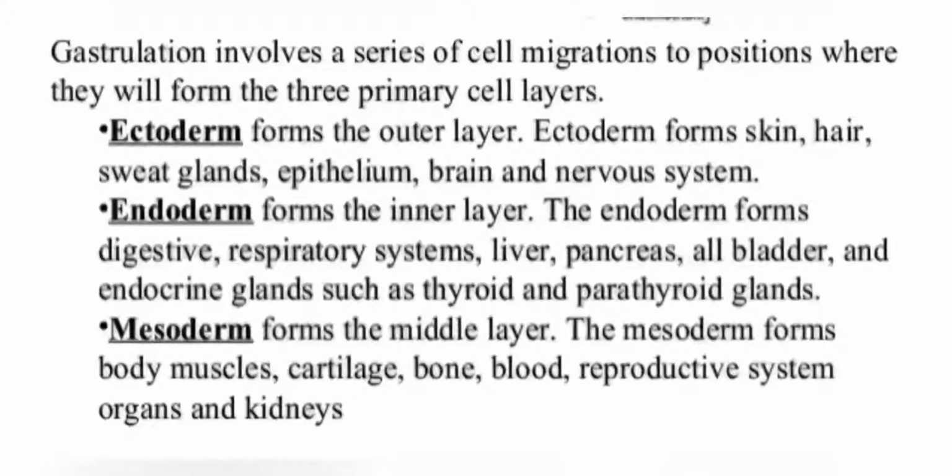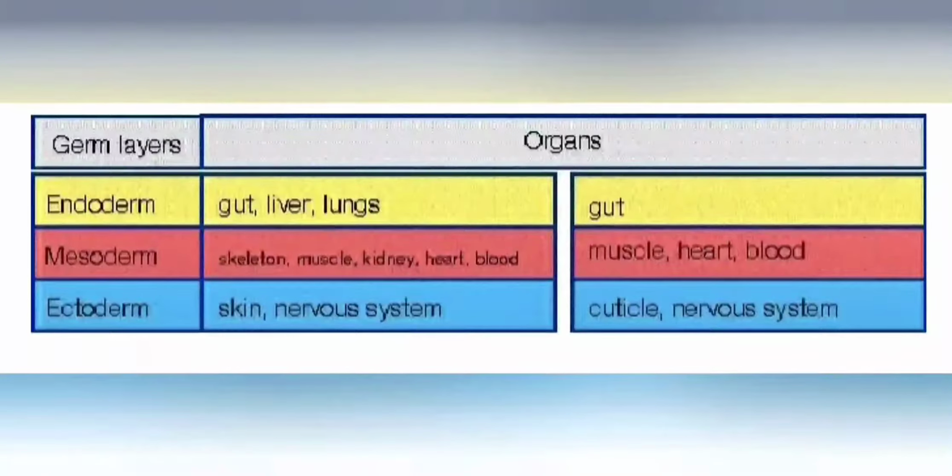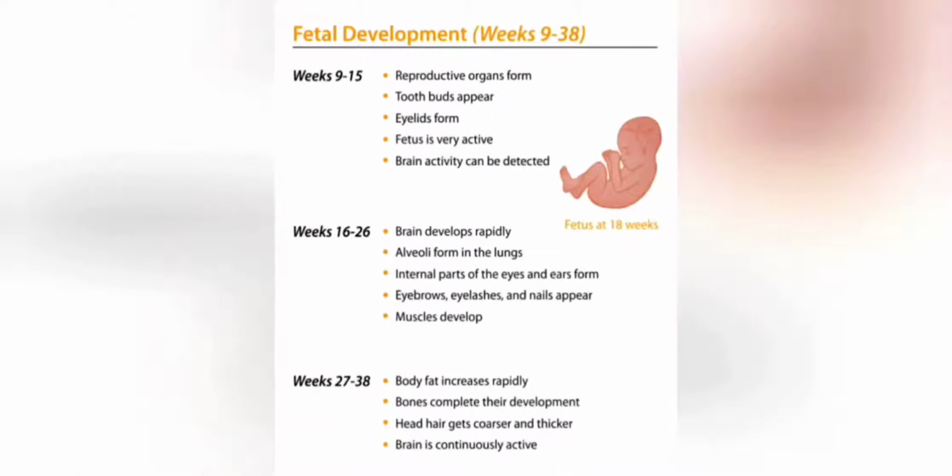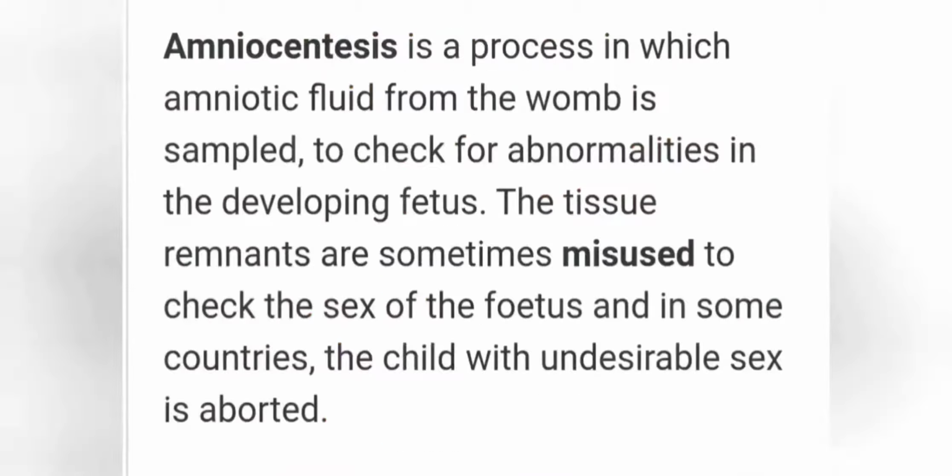Then endoderm, which forms the innermost part, that is the digestive system and respiratory system. And then the mesoderm, which forms the muscles, heart, blood, and skeletal system. All these are formed by the mesoderm. So embryonic development is a very sequential phase, starting from the embryo formation till the complete development of the fetus.